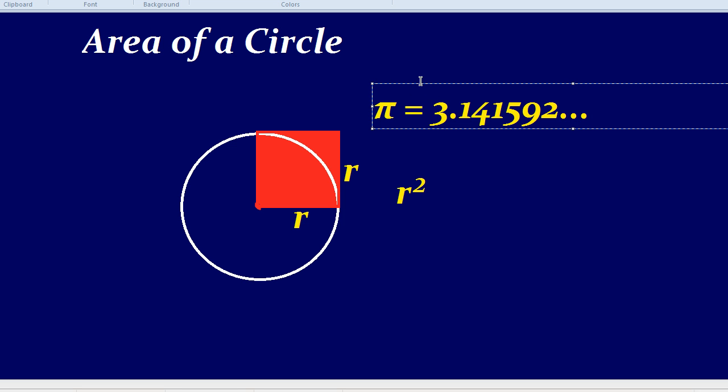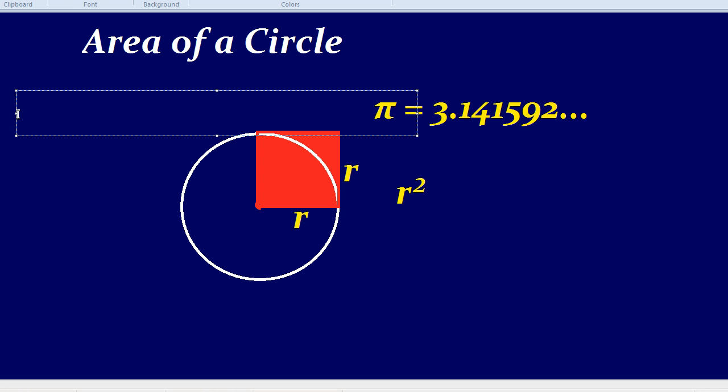It's a rough approximation, but it's 3 and a bit, basically. In other words, that r squared would fit 3 and a bit more times inside the circle. And that's where you get the amazing formula in mathematics for the area of a circle, which will be pi times the radius squared.